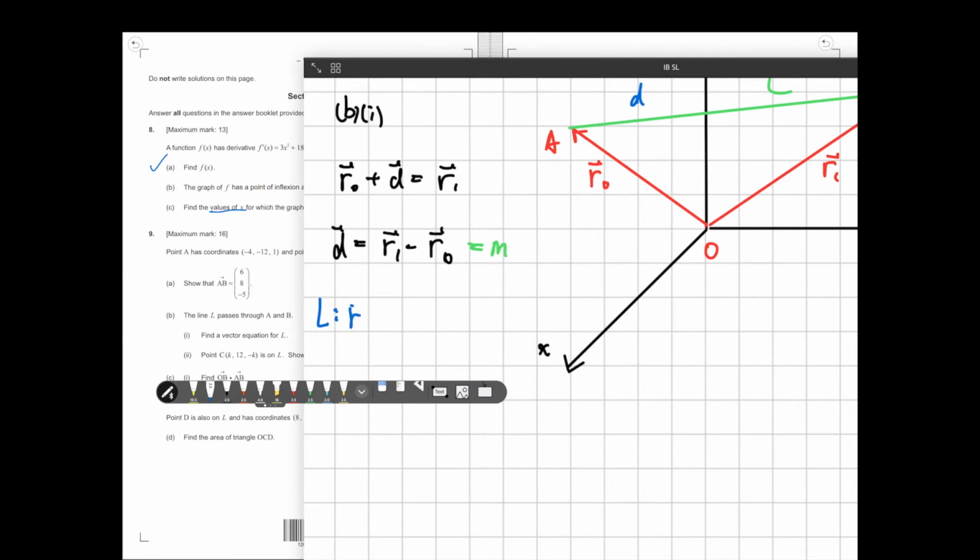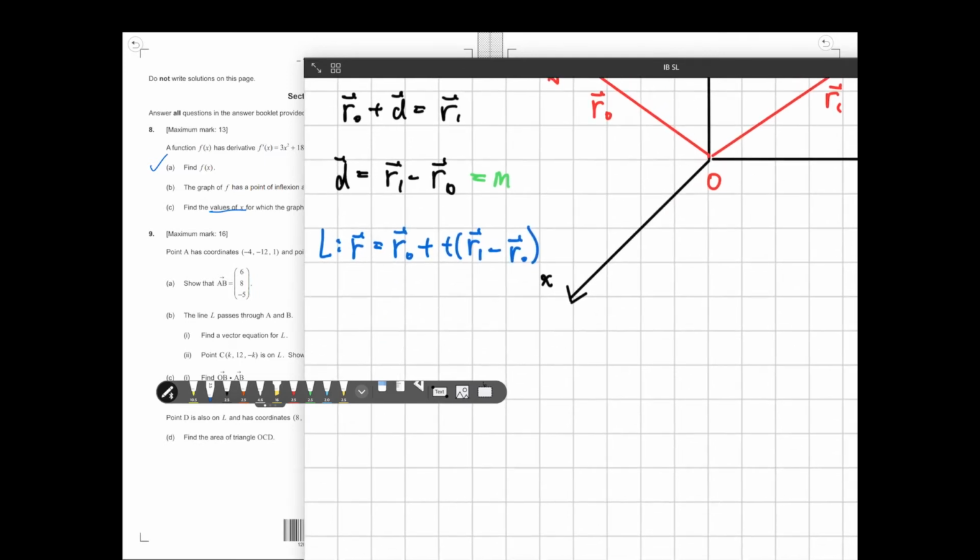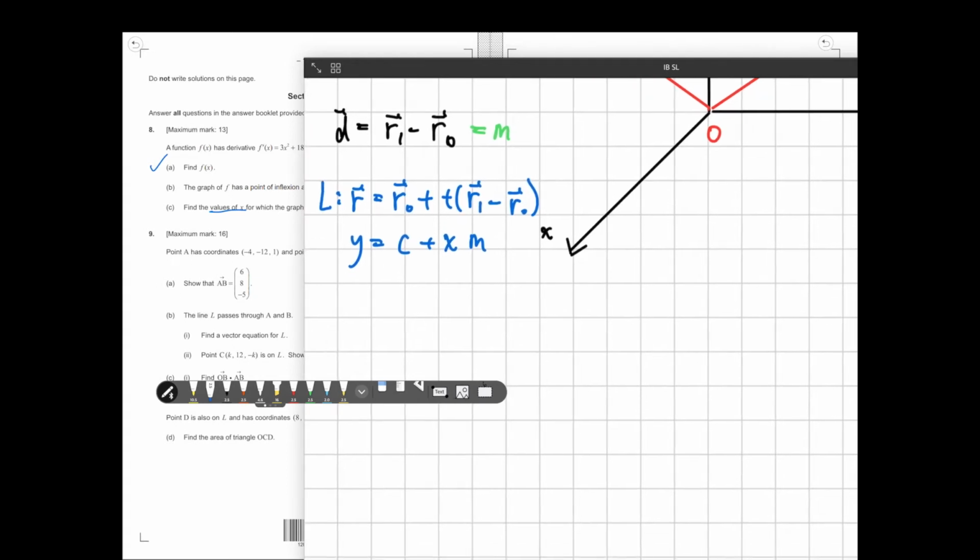So L will be just equal to r, and r will be equal to r0 plus the direction multiplied by the scalar, sorry. So that is just the form of y equals c plus x times m, right? And t will be a real number.